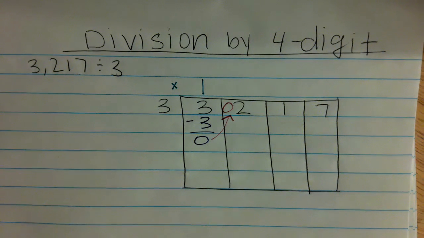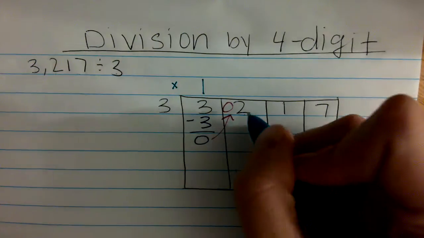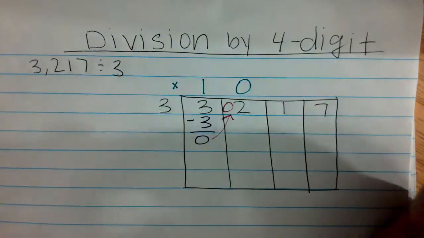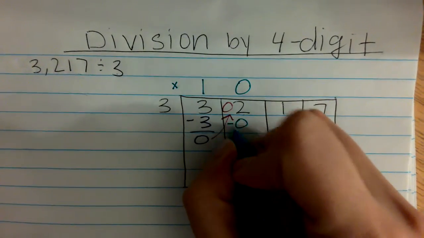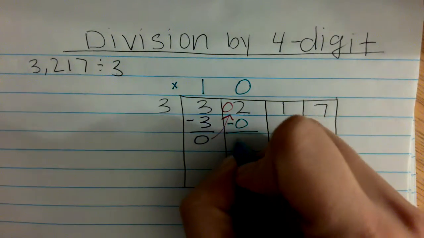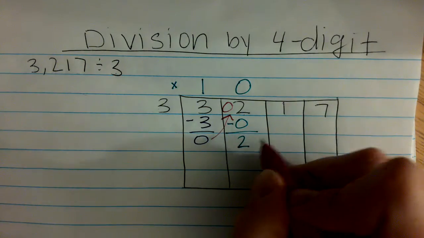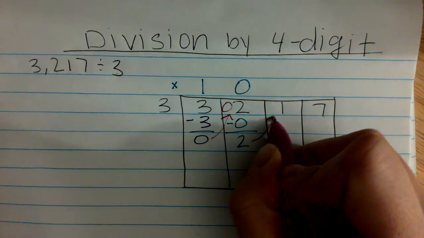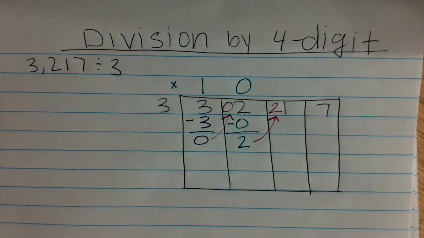Now, 3 goes into 2. Well, it can't go into 2, right? So I'm going to have to put a 0. And 0 times 3 is 0. And that leaves me with 2. So then I'm going to bring my 2 over here to 21.